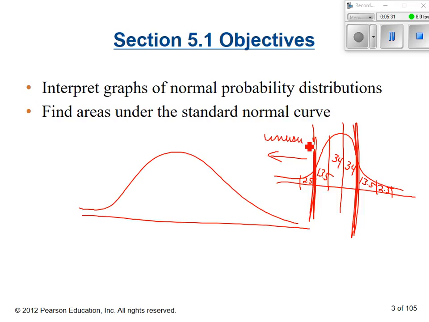They're considered what? Can't read that writing, huh? Unusual. Anything out here is considered unusual. When you get out in here, once you're out past 3 standard deviations away from the mean, then you're considered very unusual.